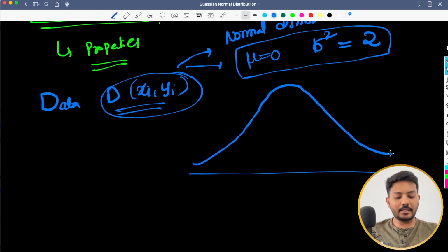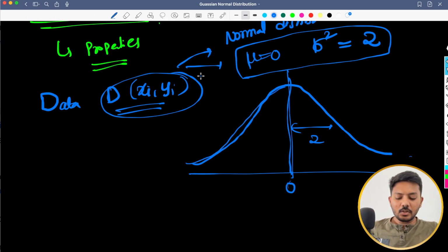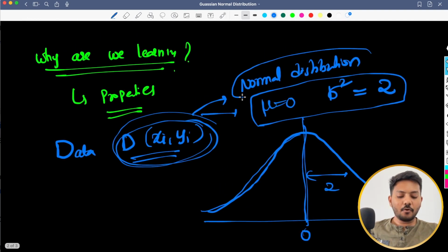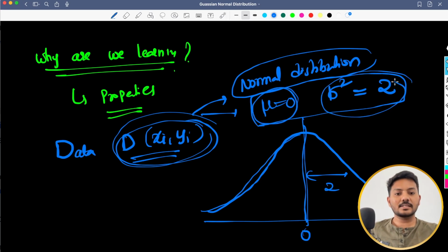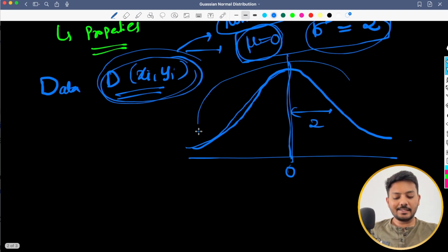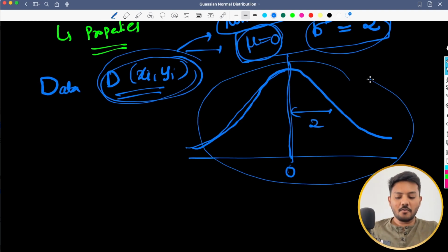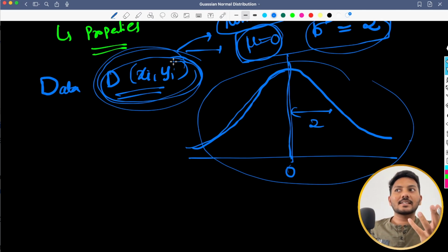It will be something like this, this is at 0, and this value is 2, and it is symmetric across 0. So this is how my data looks. Even though I am not looking at the data points, by knowing that it follows a normal distribution, and knowing the values of mu and sigma square, which is variance, I get to know that, okay, this is how my distribution is for this data set. So that is the importance of understanding what kind of distribution your data has.